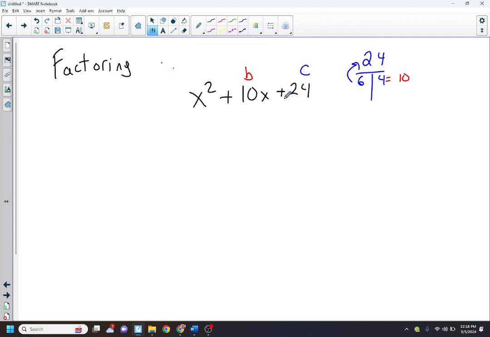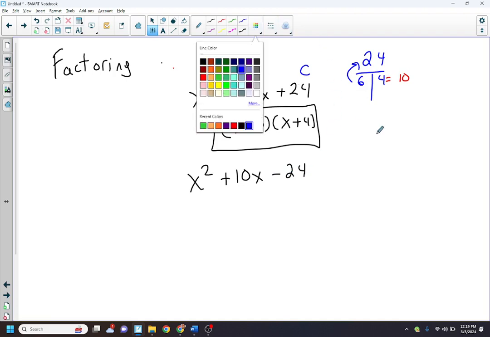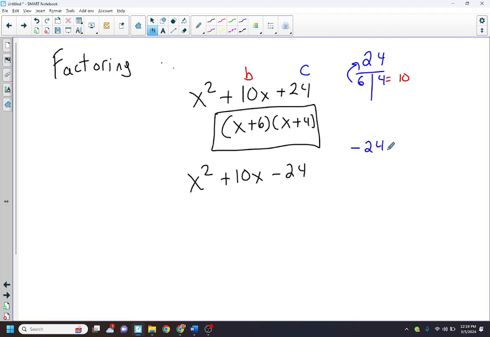In this situation, because there's no equal 0, you just stop your answer at x plus 6 and x plus 4. That's your full answer for that type of problem. Now, the same problem, but in this case, it's negative 24. Because it's negative, you're multiplying now not to positive 24, but negative 24.